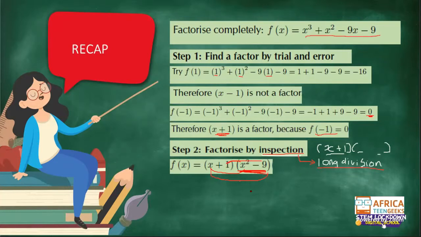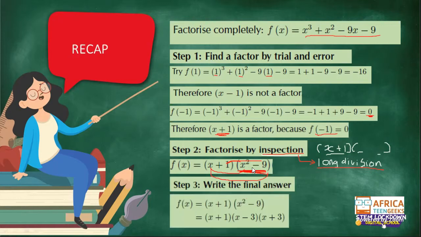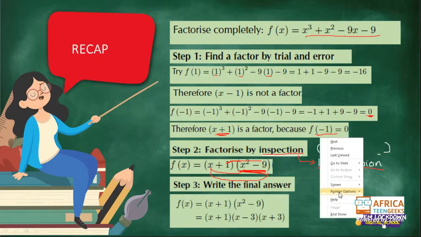What you also notice is that you also need to factorize x squared minus 9. Remember, this is a difference between two squares, like we have it here.